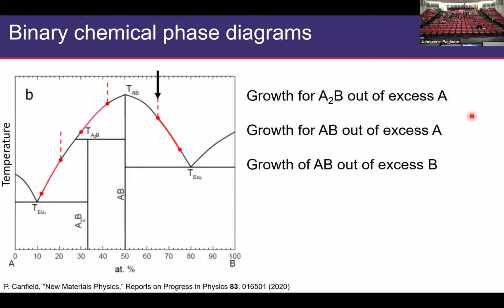Let's say it's AB, how much excess of A would it be? And for other kinds of growth, we can take the exact ratios. Does it apply to other types of growth other than flux growth?